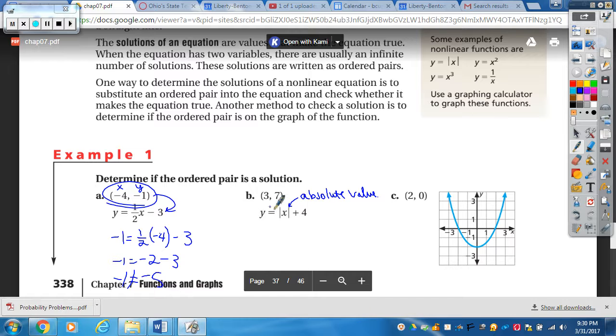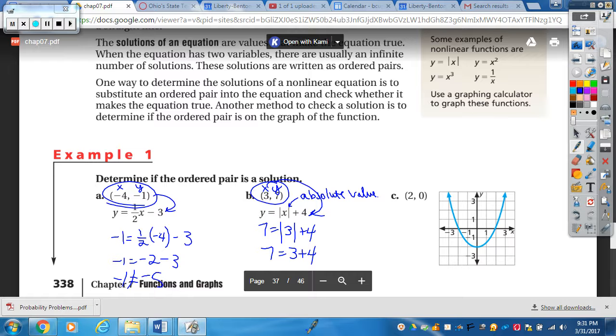So if I plug this in, again, the x and the y value is 7, the x is 3, we get 7 is equal to, now what's the absolute value of 3? It is just 3, always the positive. 7 equals 7, so this point we now know is on that line right there. Okay, actually it wouldn't be a line, it would be a curve.